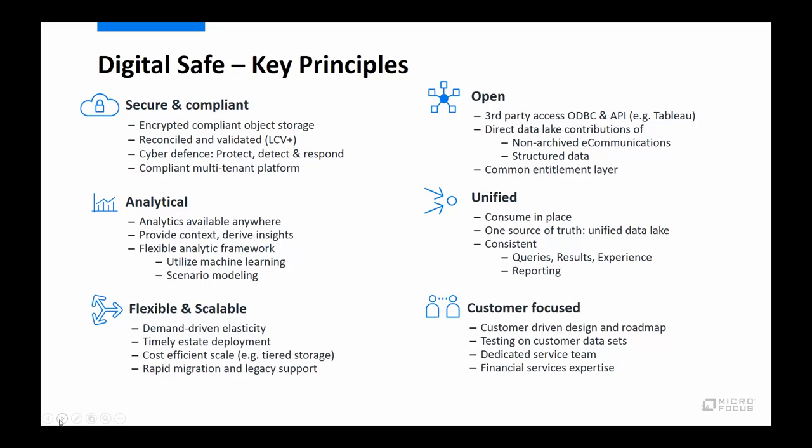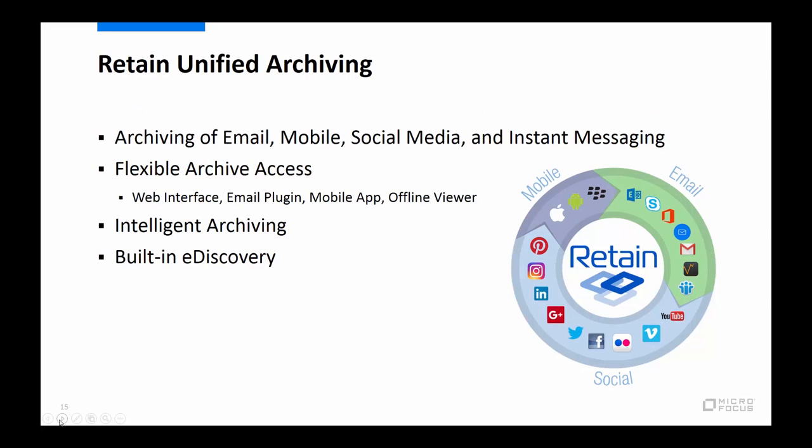I'd encourage you to learn more about that. And then, of course, we have Retain Unified Archiving, which is a central archive of all your email, mobile, social media, and instant messaging. All of that is stored in one central archive. We have built-in e-discovery tools to rapidly search your archive and get to your data, and this solution can be deployed on premise or in the cloud, depending on your needs.